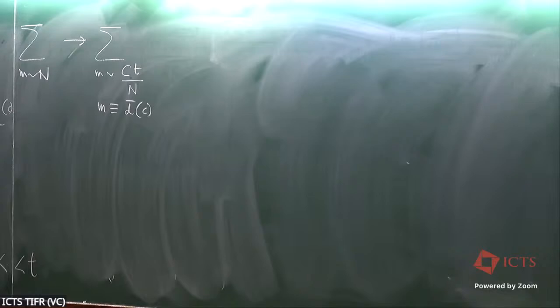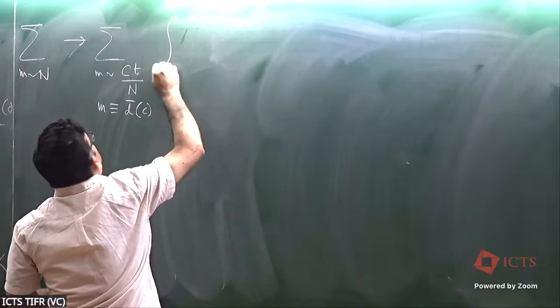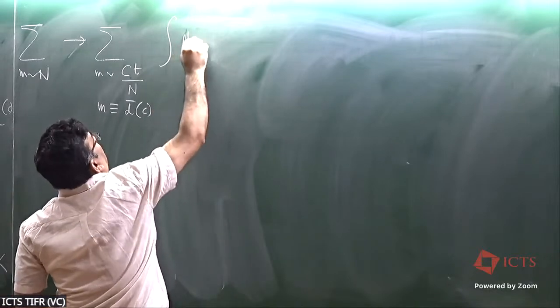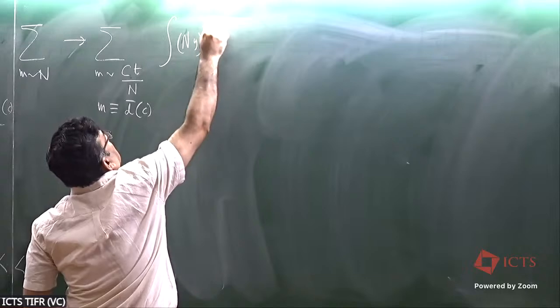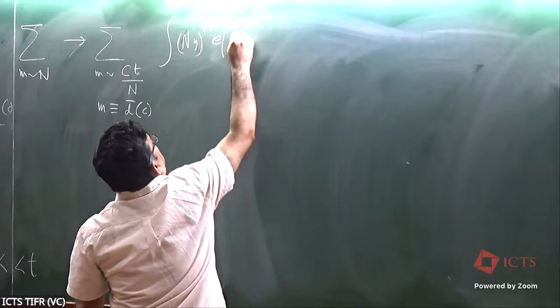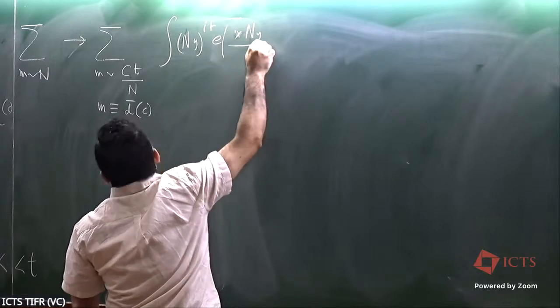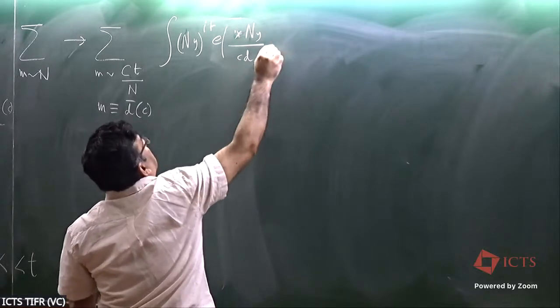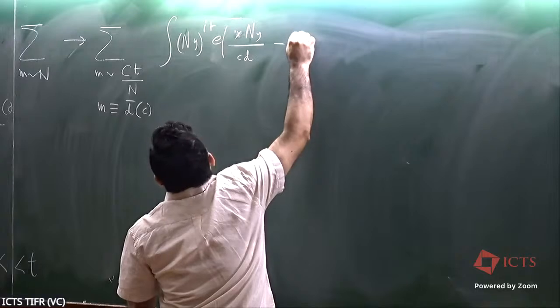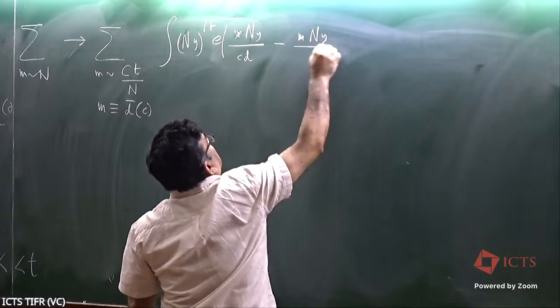And then I have the integral. So I'll have an integral which will look like ny to the power it, e of m x ny by cd minus m ny by c.